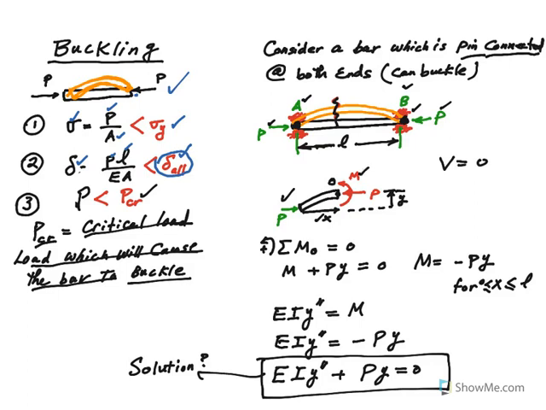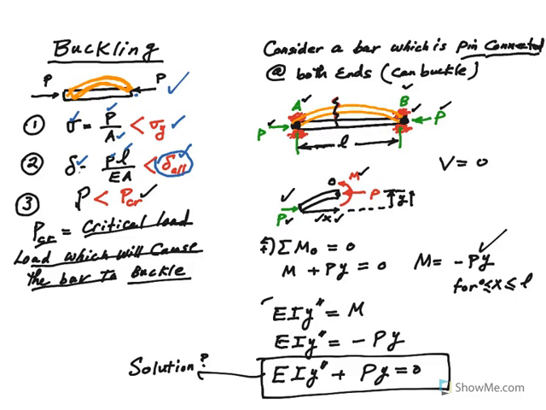And then there is an internal moment that we have to determine. Taking this distance as x and this height as y, as shown here, we take moment about O where we cut: M plus the moment of this P about here is P times y. Be careful, x is not going to be in this equation. So M becomes minus Py here.